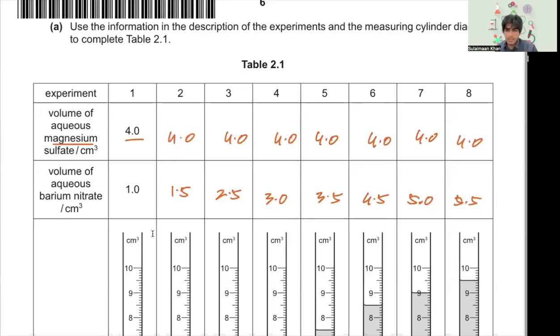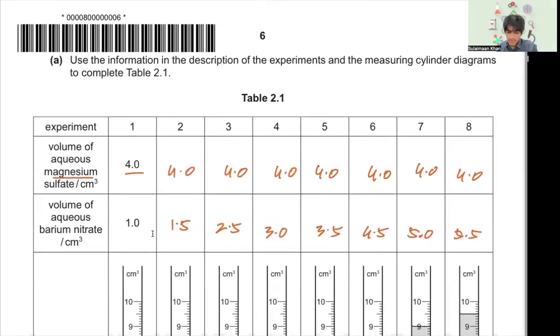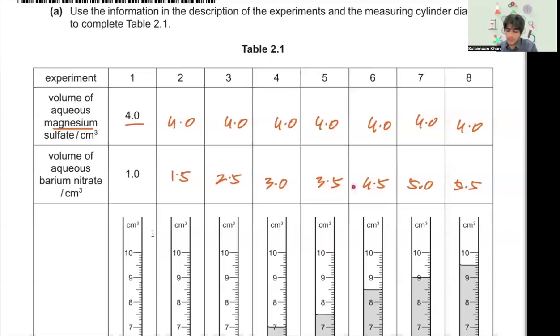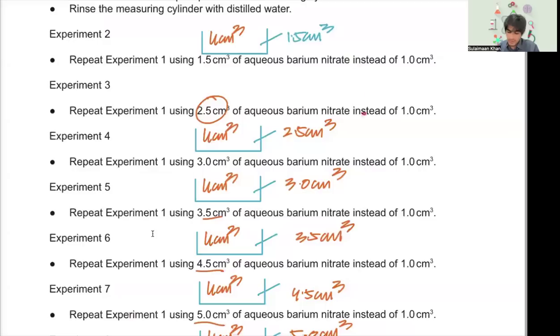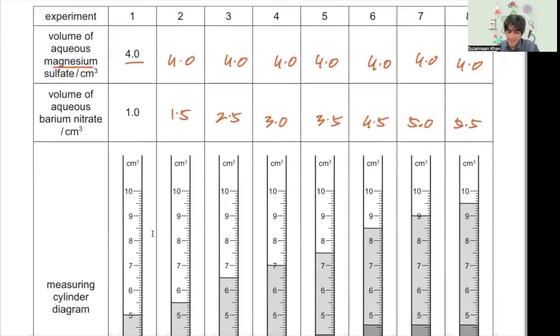How do you remember? Because all of them had a difference of 0.5 except for this one. So 1.5 to 2.5, and then there's a difference of 0.5. That's how I remembered.